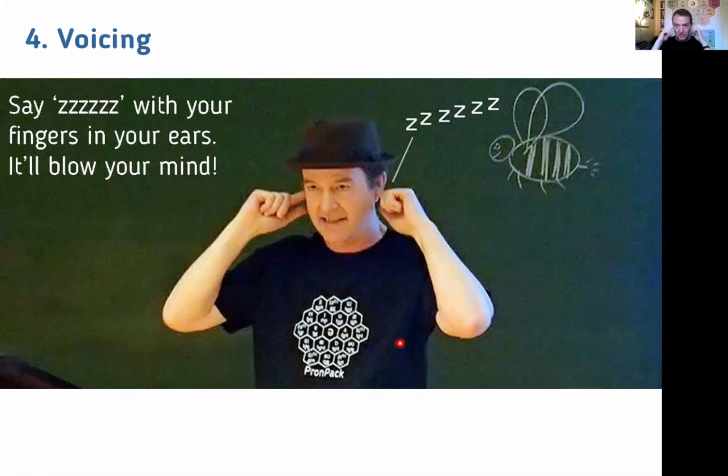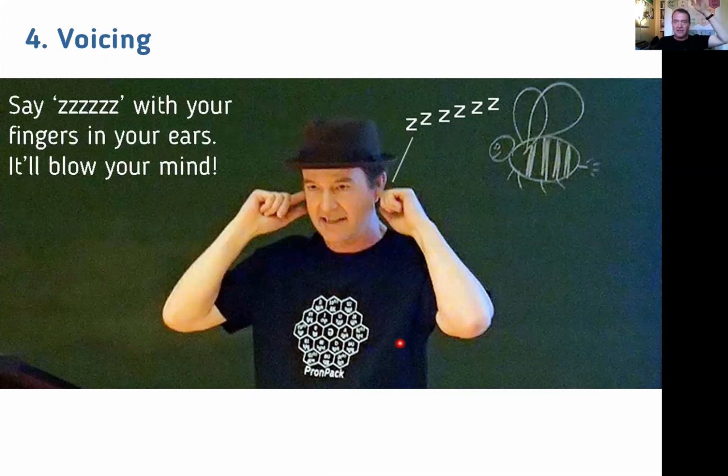So when you go like this, that's okay. If you do it with zzz, it sort of explodes in your head. Another version of that is with your hand on your throat. No vibration. Zzz, vibration. And one final version of that experiment is hand on top of head. Zzz.